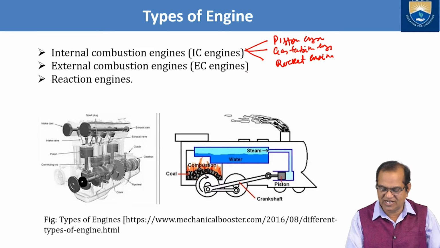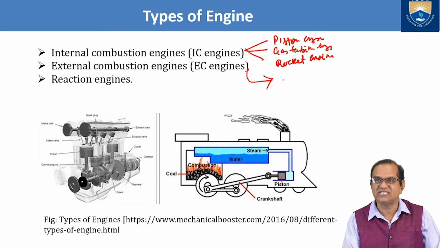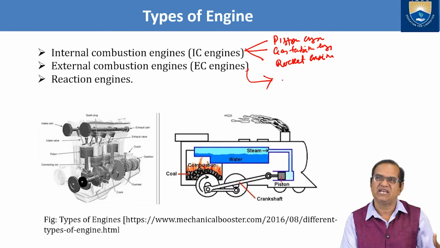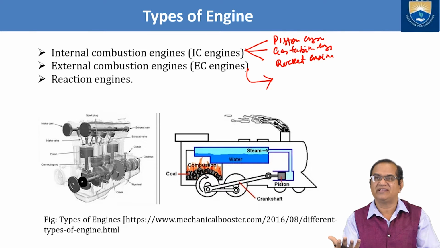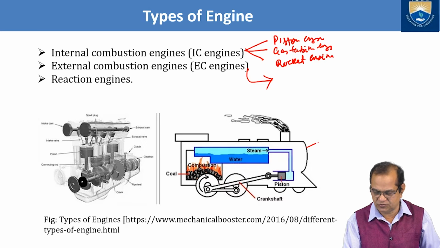If you talk about the external combustion engine, in this the fuel is burned outside of the engine, and from there the heat is transferred to another medium like steam. It is shown here.